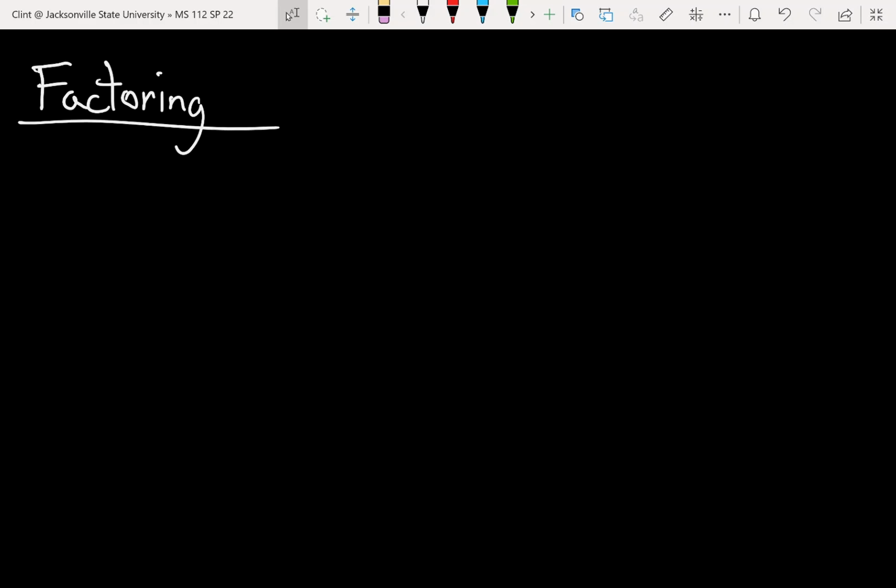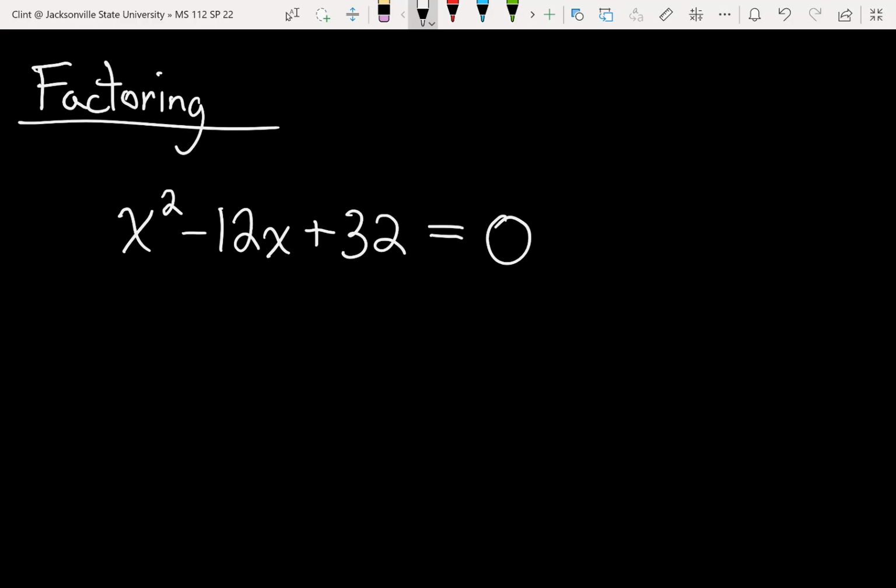So in order to solve a quadratic equation by using factoring, what we want is to get our quadratic equation in what we could call standard form, where we've got everything on one side and then the other side equals 0. And then we factor.